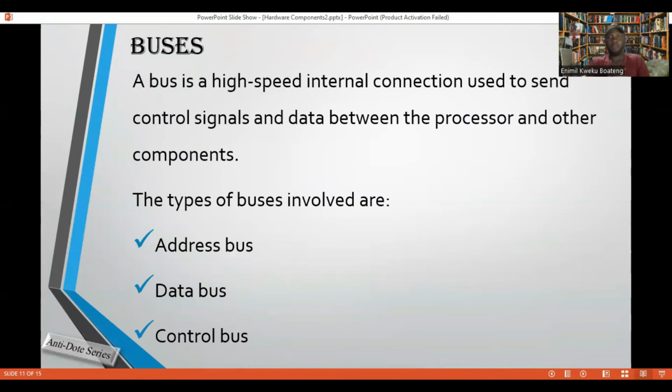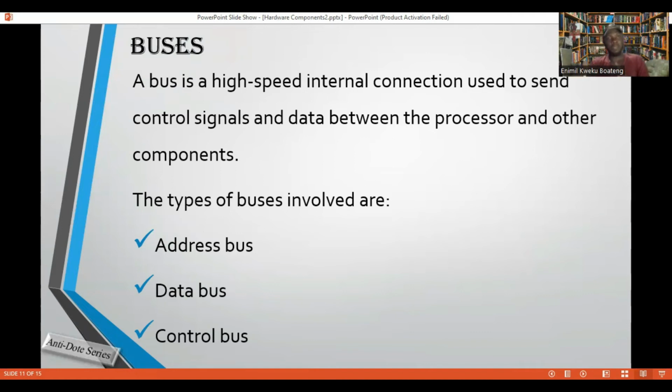Buses. A bus is a high-speed internal connection used to send control signals and data between the processor and other components. Don't forget that the bus is also part of the central processing unit. Other names are system buses. I'm saying this because in hardware components one, we covered system buses.